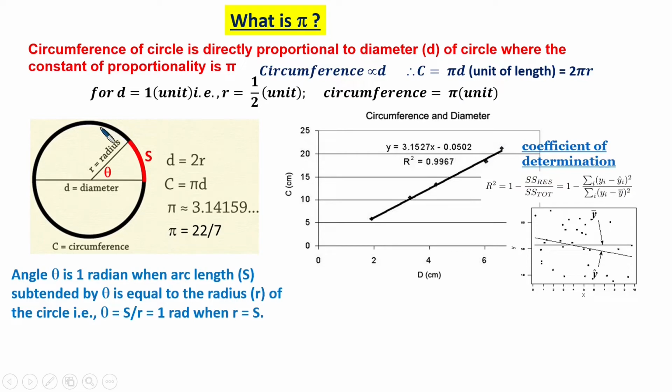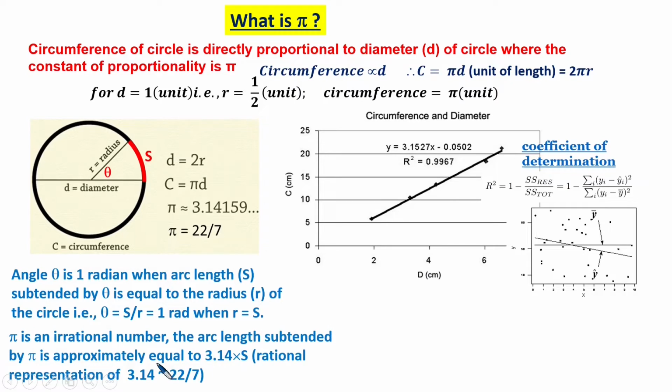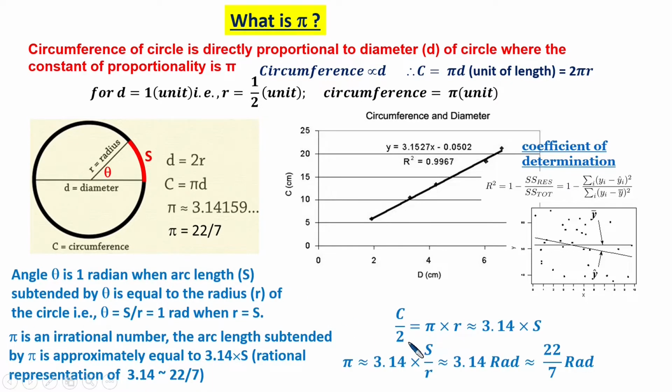If you go to pi, which is 180 degrees, one full semicircle, s will be 3.14 times the radius. That's why you write pi is equal to 3.14, or you can approximate pi as 22 by 7. Here, just freeze it and go through what I have written: pi is 3.14 times when s and r are the same, so this is 3.14 radian or 22/7.